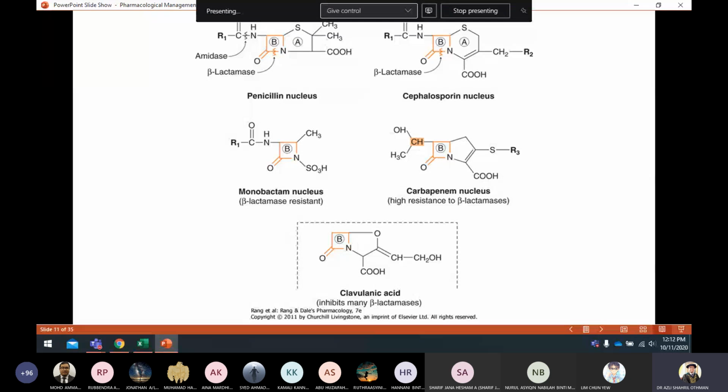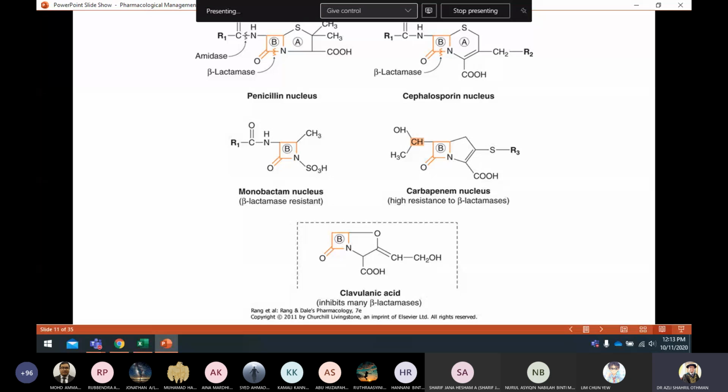Okay, so how do we solve that problem? We give, for example, amoxicillin. The most common example is amoxicillin given together with clavulanic acid or clavulanate, which will inhibit the beta-lactamase.